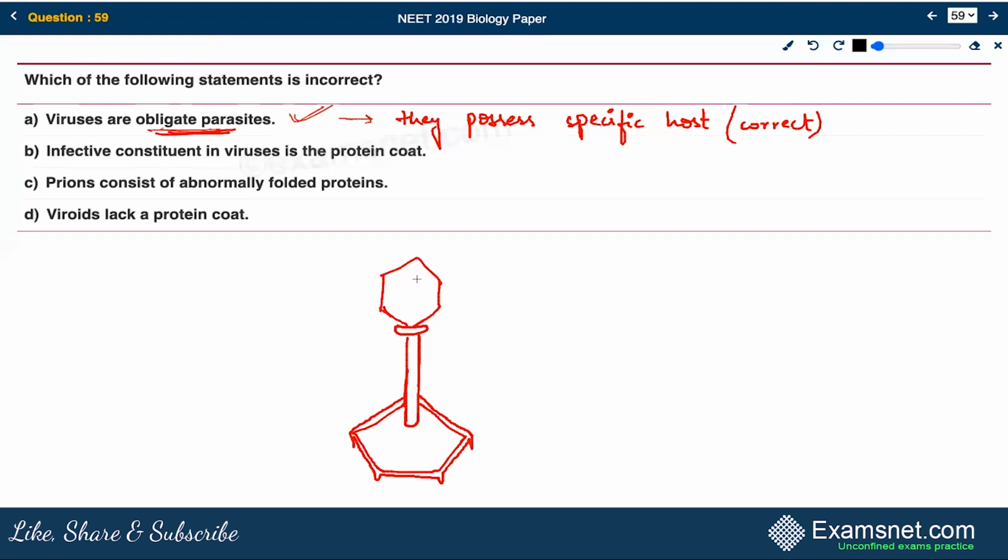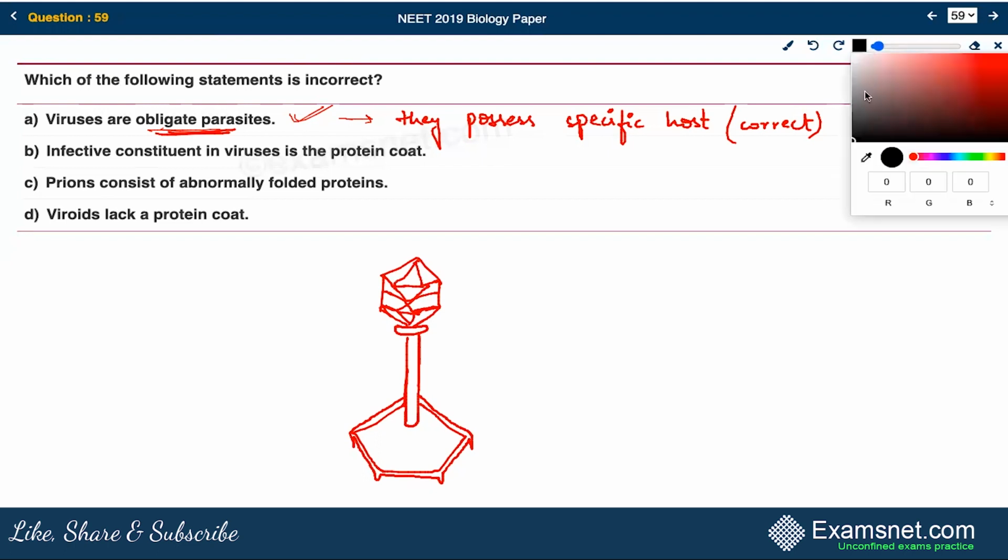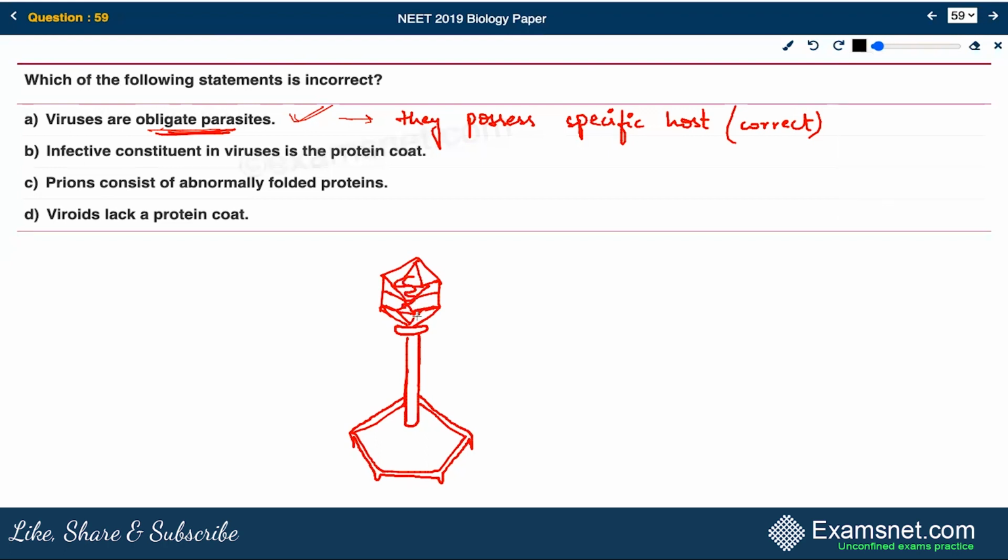Inside they have a crystal-like structure, and inside it they have the genetic material.